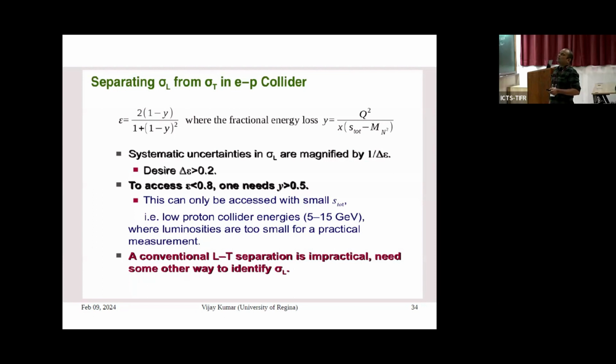If we want this epsilon less than 1, then we need this less than 0.5. But from my boss's slide, we cannot have this greater than 0.5 from this high energy EIC or high energy collider machine. But a low energy collider, maybe we will have lower epsilon, but not from this high energy.